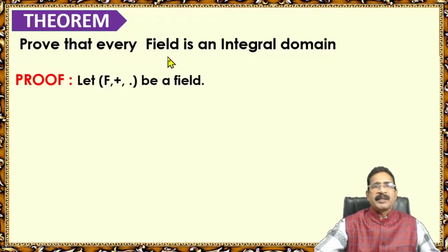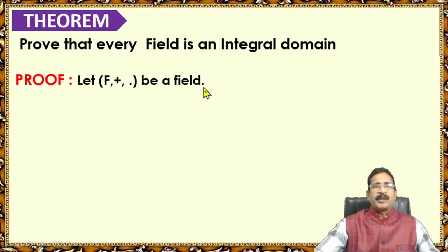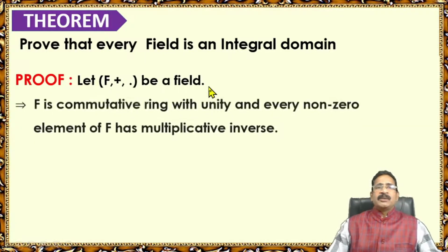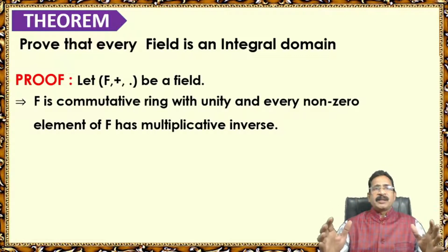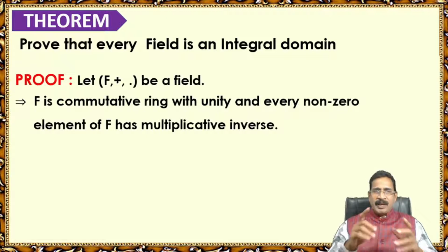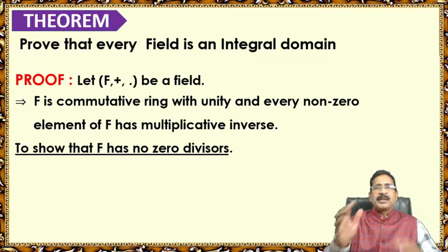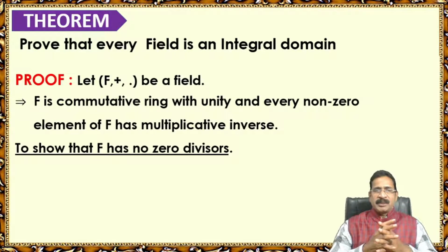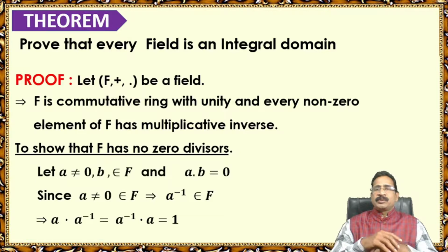Here, we will prove that every field is an integral domain. So, take (F, +, ·) a field. What it means? F is a commutative ring with unity element 1 and every non-zero element has a multiplicative inverse. Now we will prove that F has no zero divisors. That means we need to prove ab = 0 implies either a = 0 or b = 0.